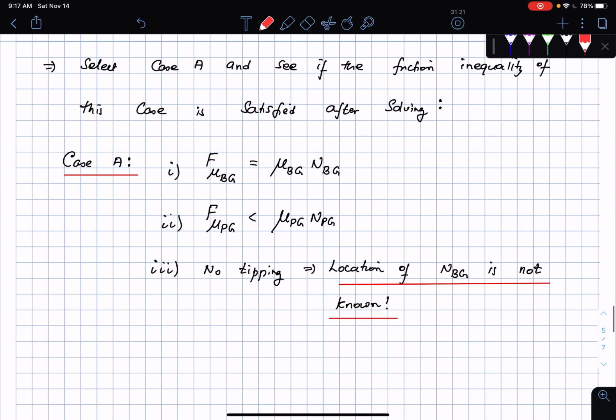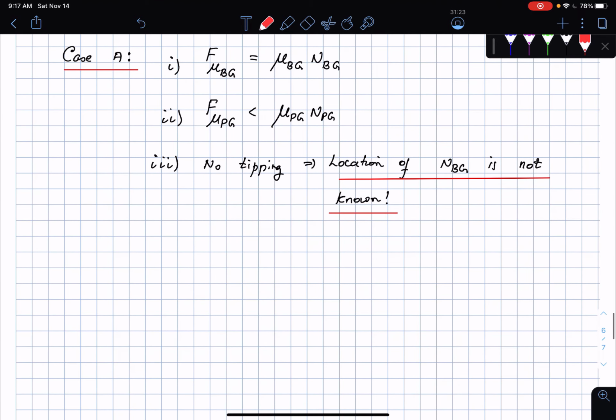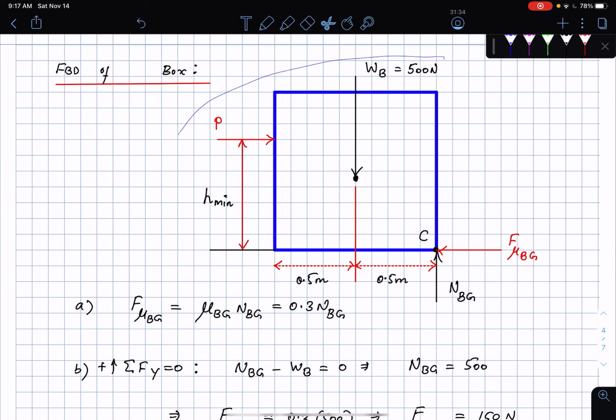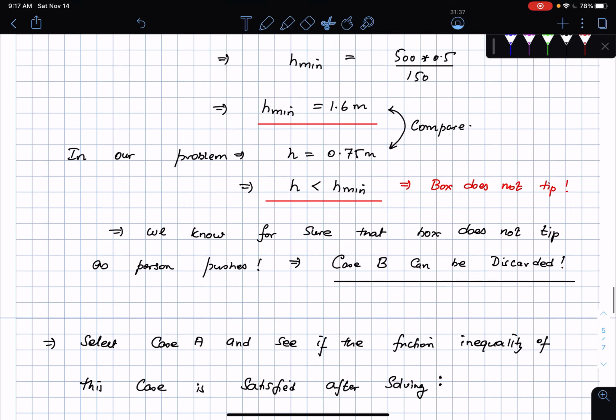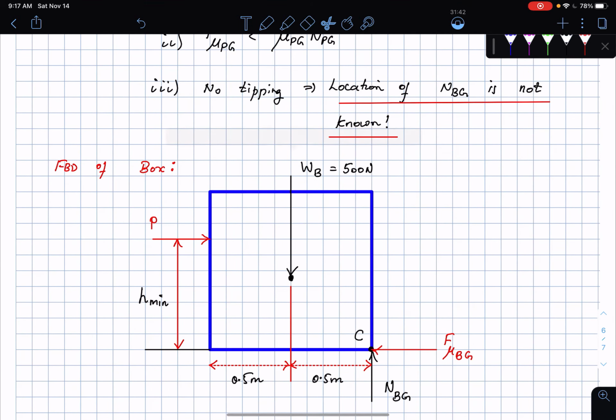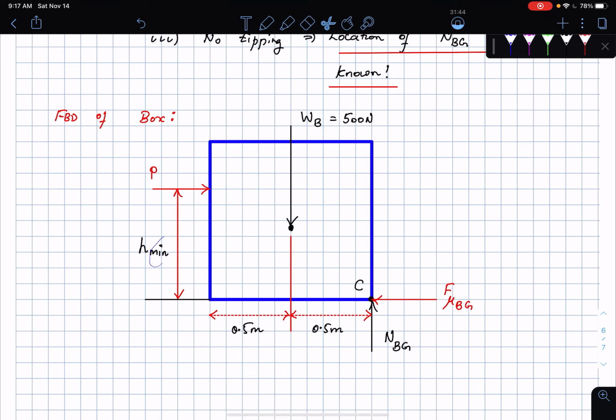So I'm going to draw the free body diagram of the box. I'm just going to bring this free body diagram and do some adjustments on that. Watch this. I'm going to clean this up a little bit. Here is the free body diagram. First of all, this is no longer h minimum.